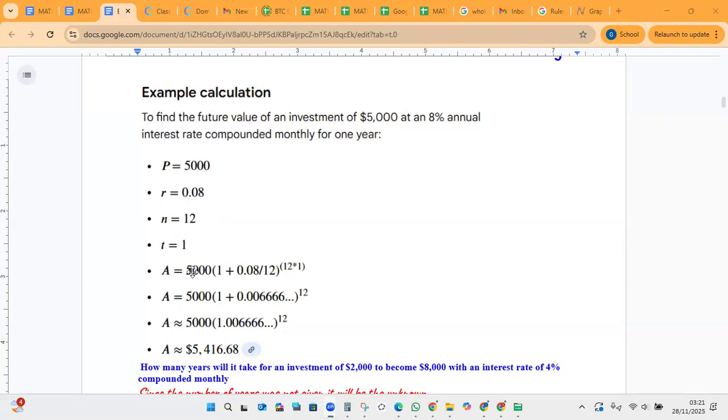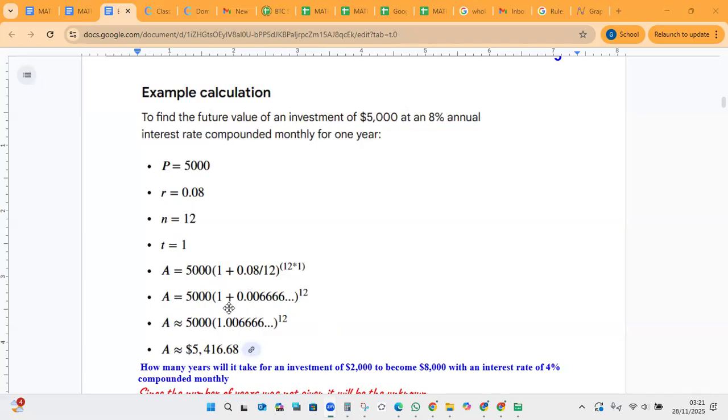So it's the simple case of substituting, and here you can see it says $5,000, open bracket 1 plus 0.08 divided by 12, close bracket raised to the exponent of 12 times 1. And 12 times 1 is 12, and 0.08 divided by 12 is 0.006666 continually.